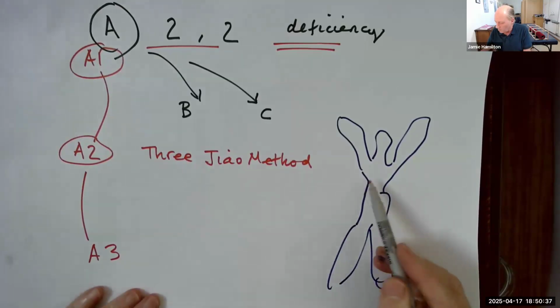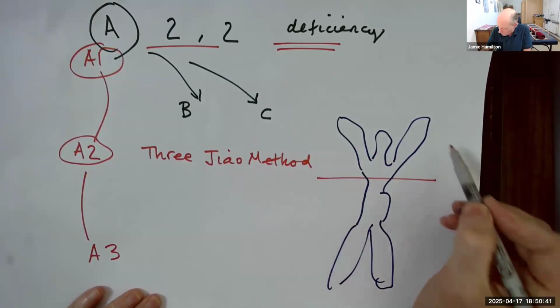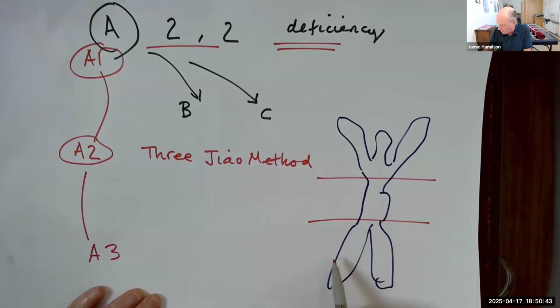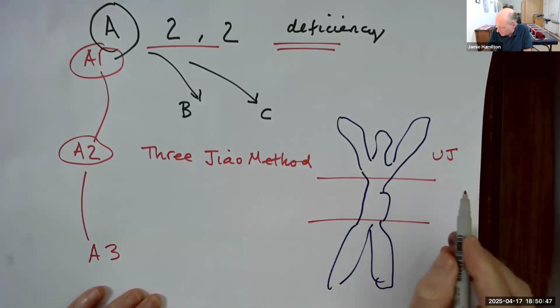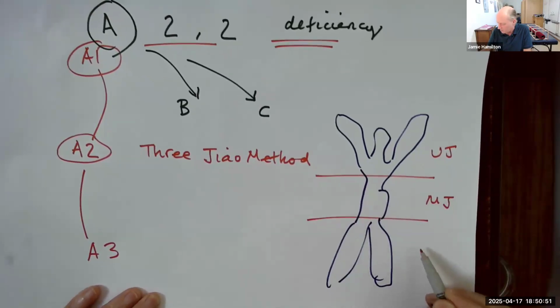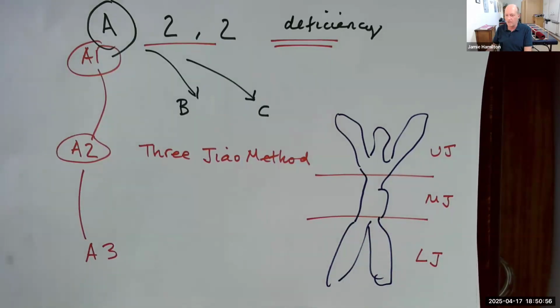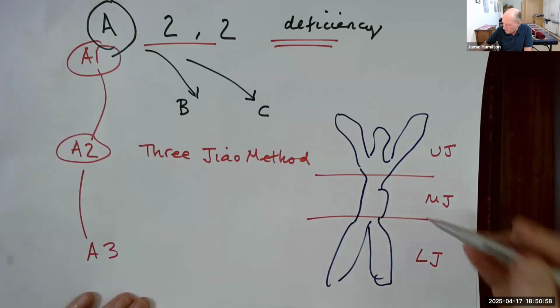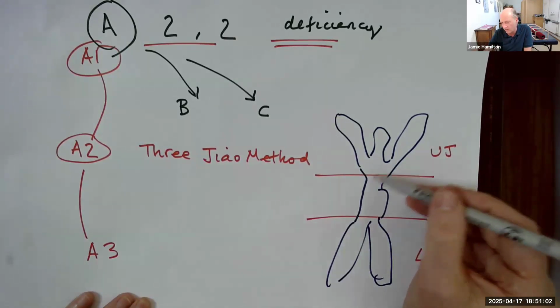Okay, so the upper section is the upper jowl, the middle section is the middle jowl, and I use these abbreviations: UJ for upper jowl, MJ for middle jowl, LJ for lower jowl. And in the text, it says that it isn't just the usual organs we have of the heart and the lung and things like that.